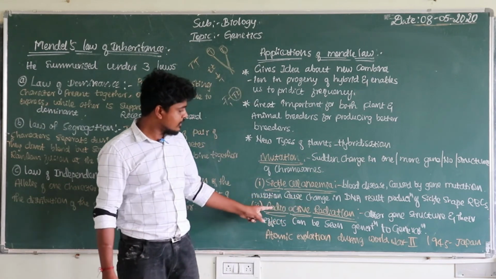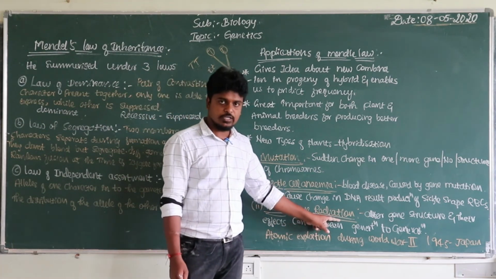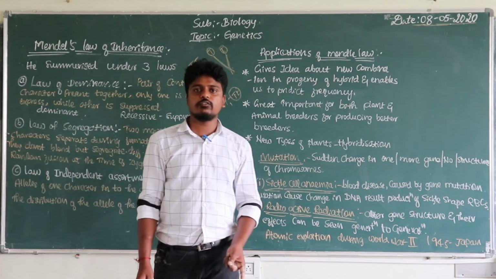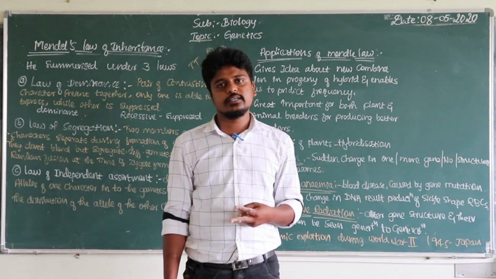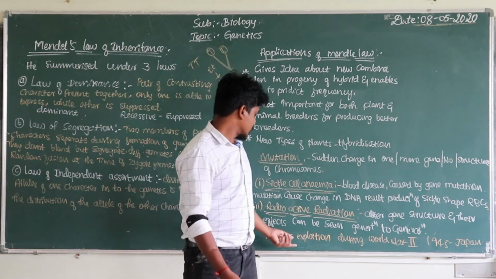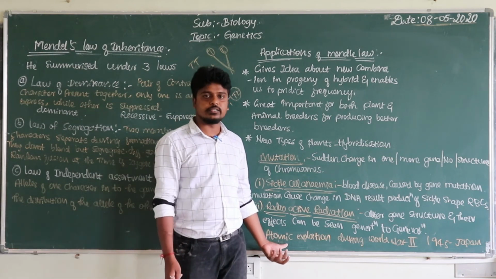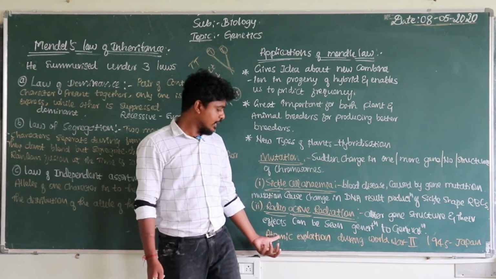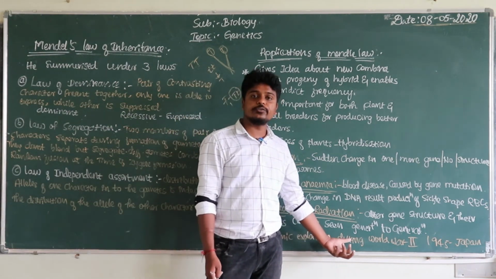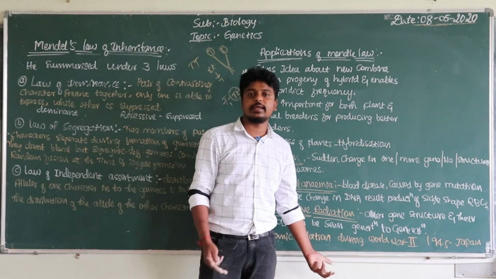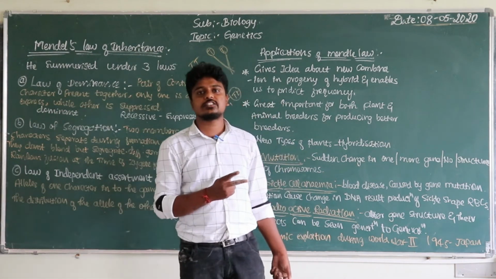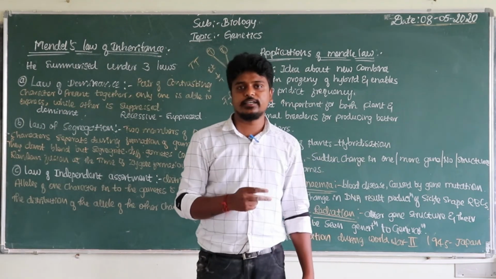The next one is radioactive radiation. As you know, during World War II, the US dropped atomic bombs on Japan. Yes or no? The atomic explosion during World War II in 1945, mainly in two places called Hiroshima and Nagasaki.